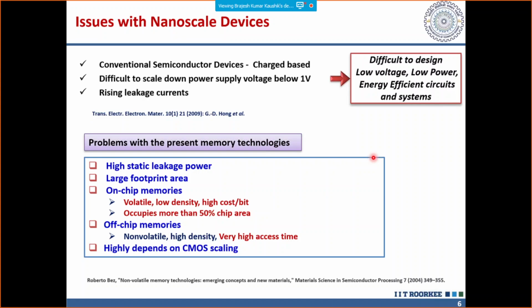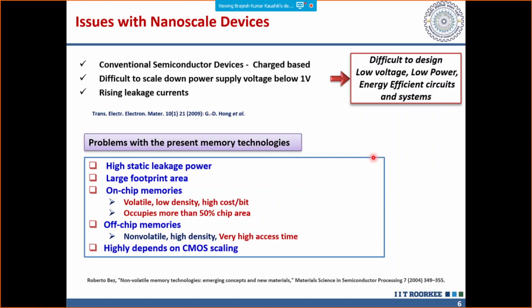With current technology nodes, and especially with the memory technologies, you have high static leakage power and a huge footprint area. SRAM requires something like 6 transistors, and if you want to make it better in terms of reliability and other things, you keep adding transistors, so SRAM cells become made up of 9 or 10 transistors, and so on.